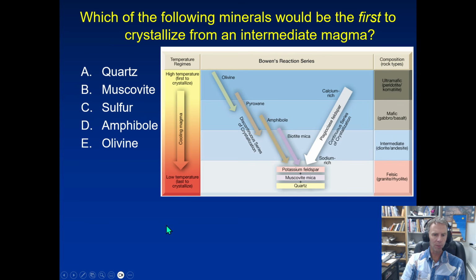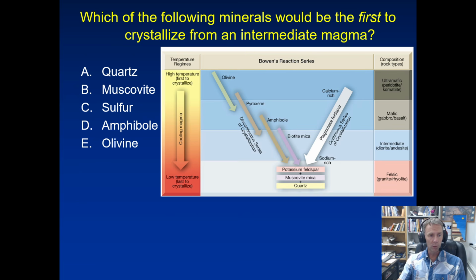And if we had an intermediate magma, which one of these minerals would we expect to see crystallized in that magma type? So you might want to pause the video if you need a little bit more time. Maybe phone a friend, chat with a neighbor, look it up. In these environments here, you can cheat. It's not punitive. And then we'll go ahead and reveal the answer here in a second.